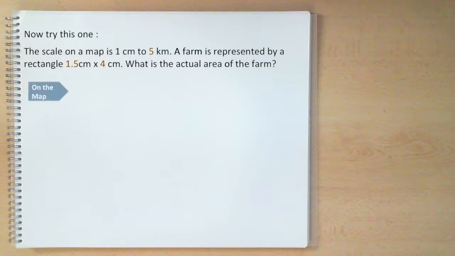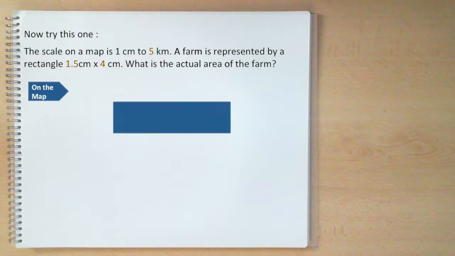Let's see what it looks like on the map first of all. We're just going to draw a rectangle, any old rectangle, and one of the sides of the rectangle is 4 centimetres and the other side is 1.5 centimetres. So all we've done so far is taken information from the question and drawn it out into a diagram. I would always recommend that you do this.